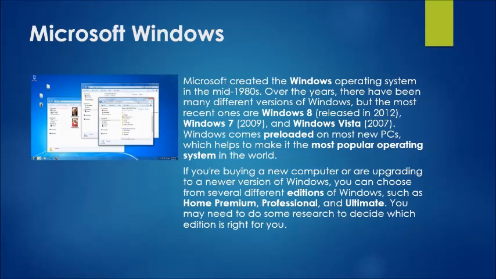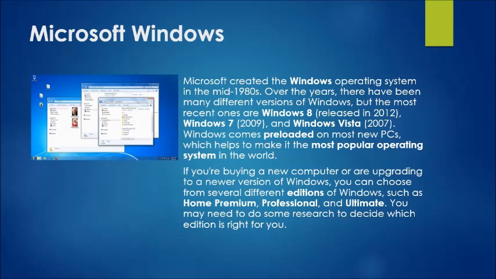Windows comes preloaded on most new personal computers, which helps to make it the most popular operating system in the world. If you're buying a new computer or upgrading to a new version of Windows, you can choose from several different editions of Windows, such as Home Premium, Professional, and Ultimate. You may need to do some research to decide which edition is right for you.